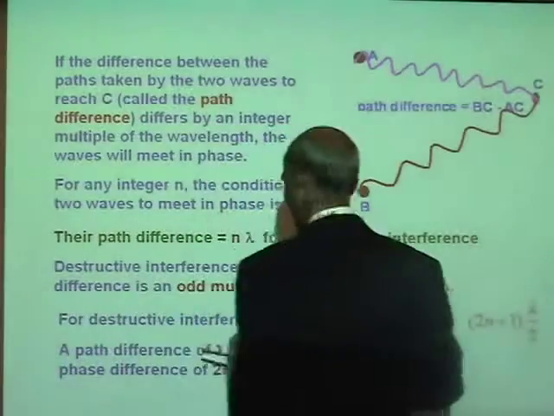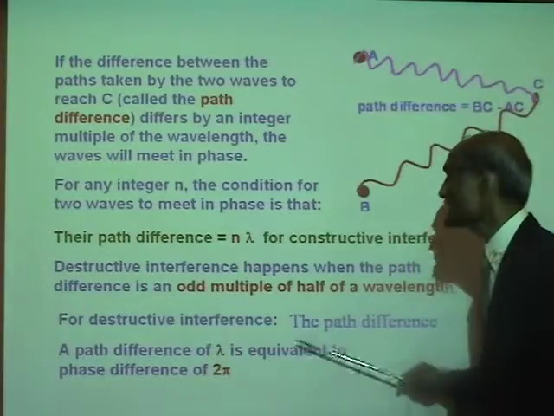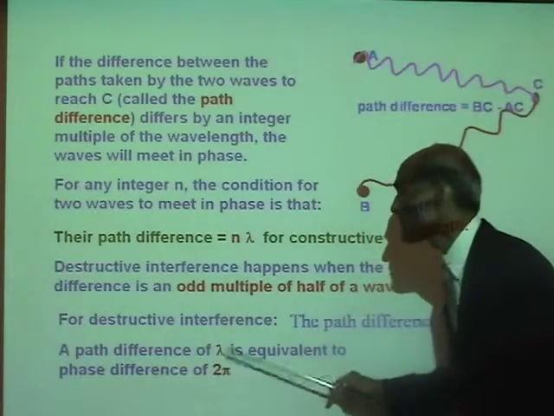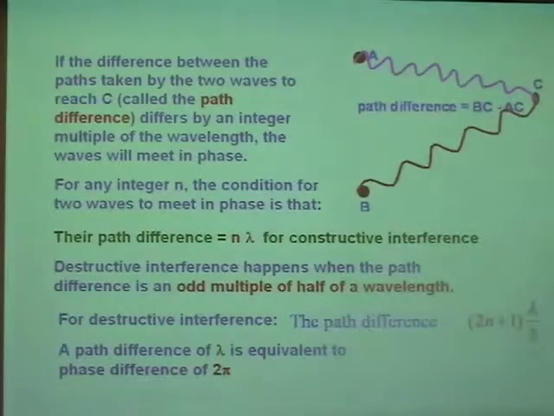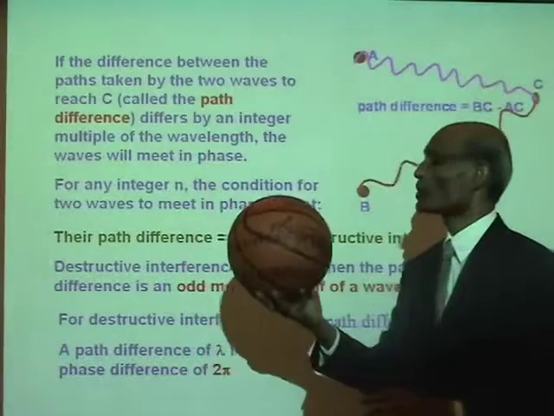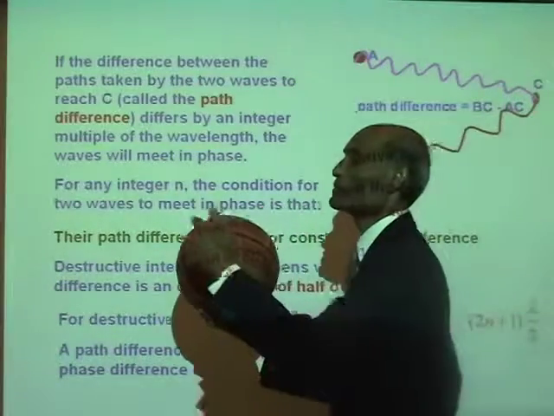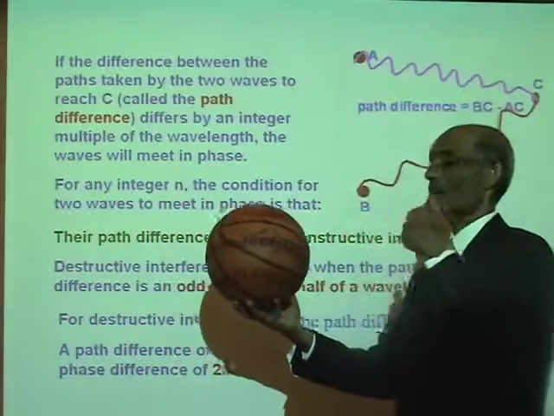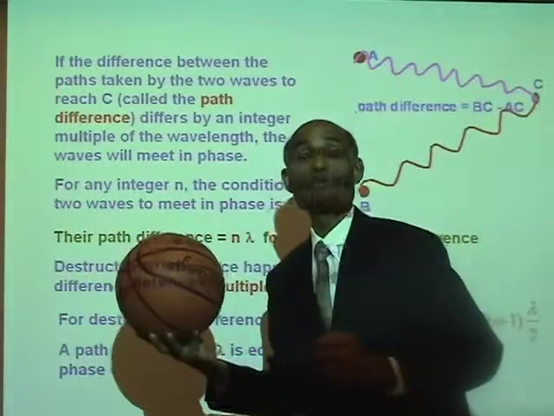Now, do you understand this? That the path difference of lambda is equivalent to the phase difference of 2 pi. I have explained that to you. By the time a particle completes one vibration, that means it has gone through 2 pi radians, the wave has advanced by 1 wavelength.